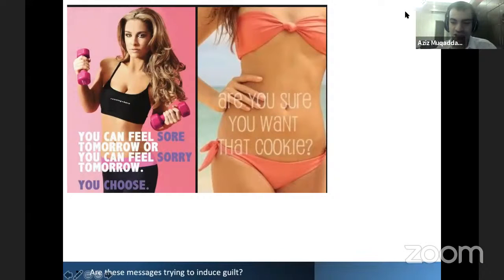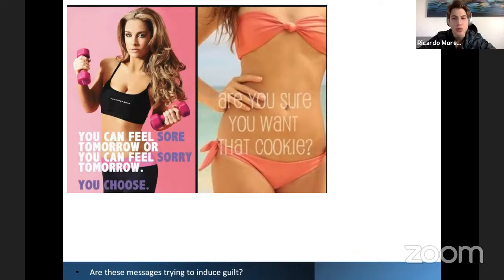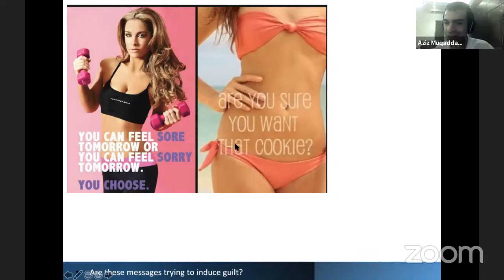So are these messages trying to induce guilt? Yeah, they both are. Especially since these are real images from real websites, like, so are you sure you want that?